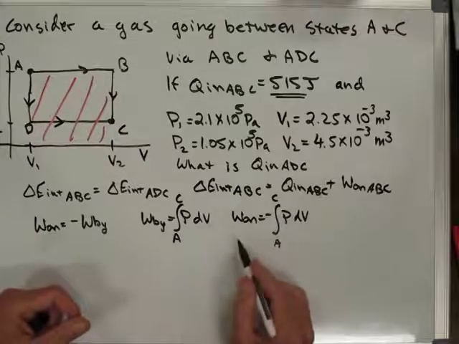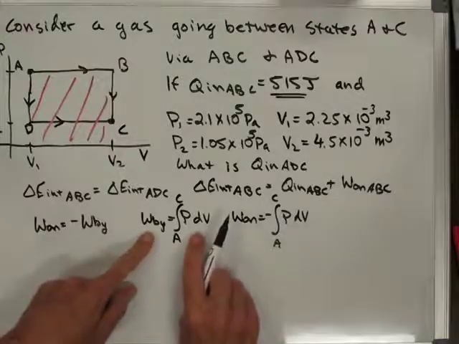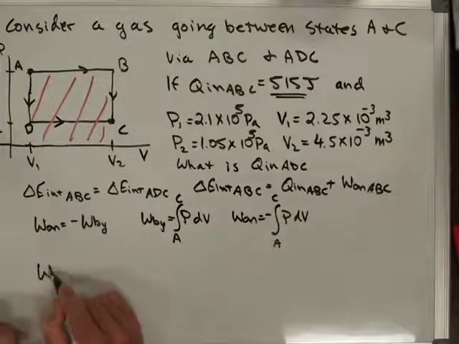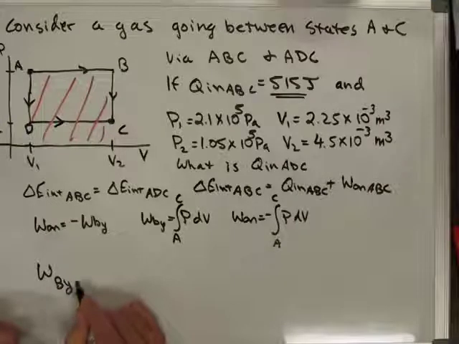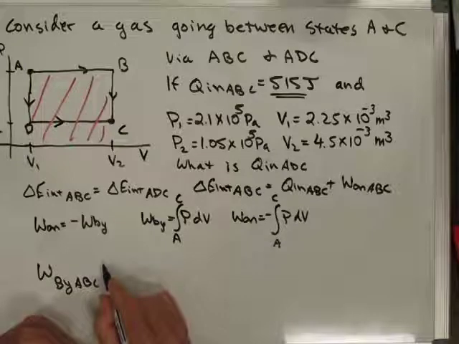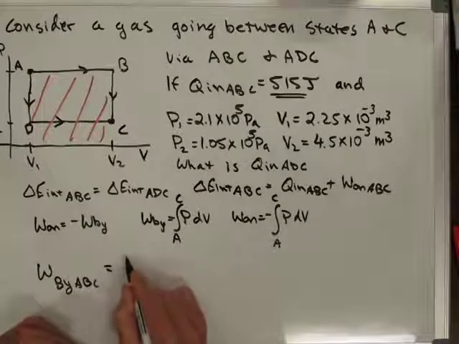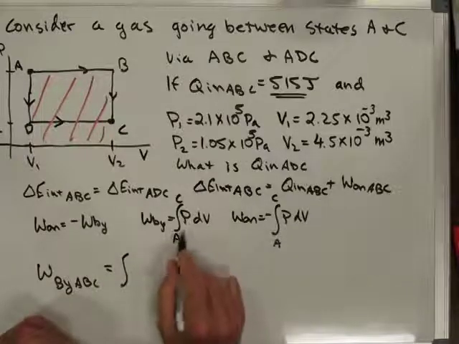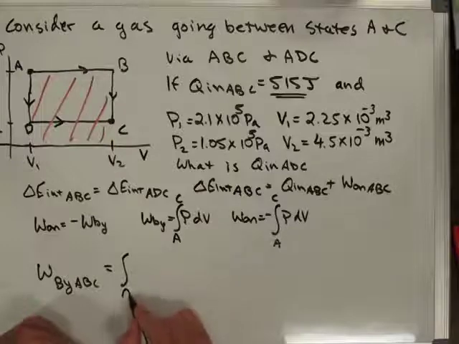So get comfortable with those ideas, and for now we're just going to go ahead and evaluate the work by the gas going ABC, right? This is the integral, but we're going to break it into two integrals.